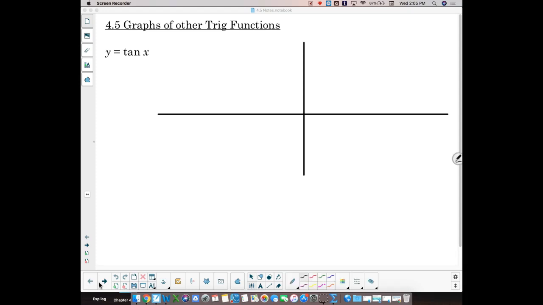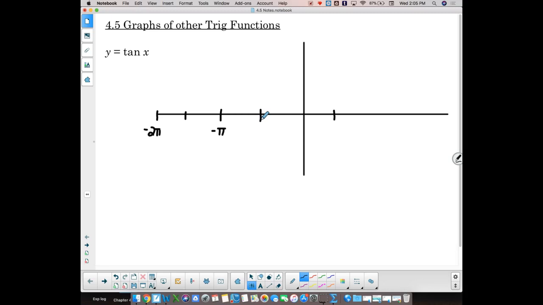And we're actually going to go from negative 2 pi to 2 pi.